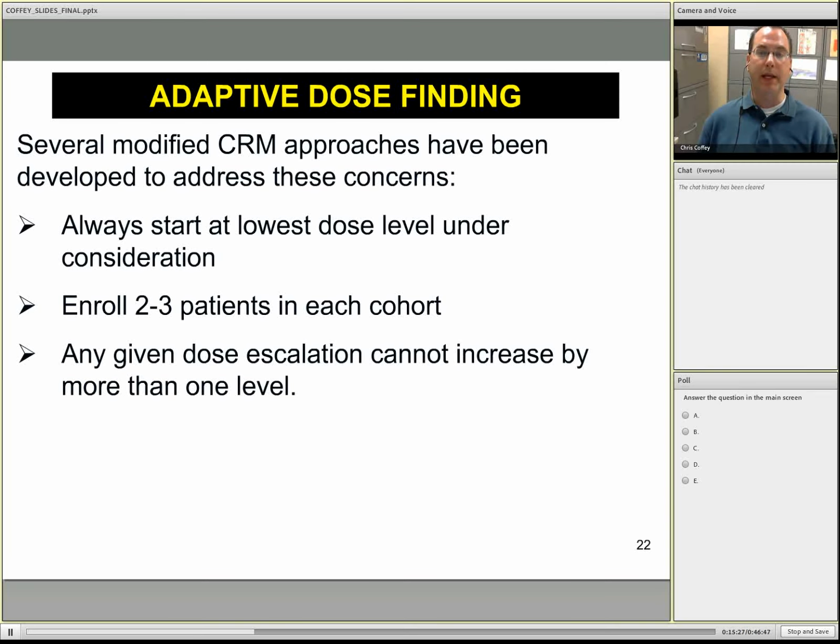So in a lot of ways, with the modified CRM, you start off with what looks basically like a 3+3 design. And then once you see your first toxicity, then you implement the modeling approach and it takes over. And the CRM component really drives your future cohorts more than the fixed step-ups that you have in the 3+3 design.